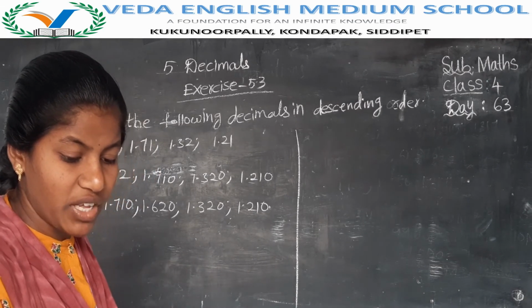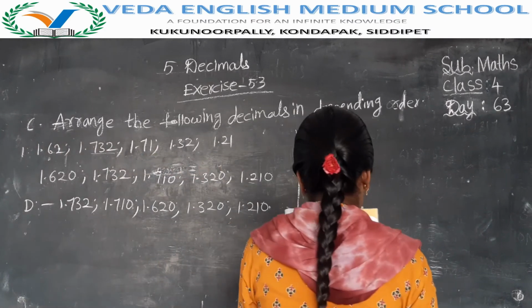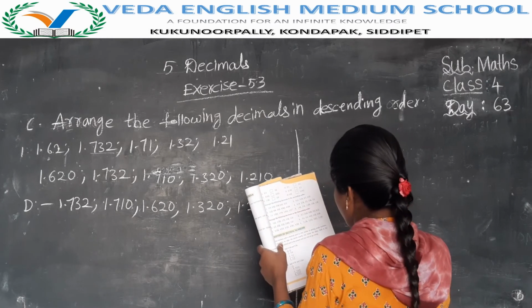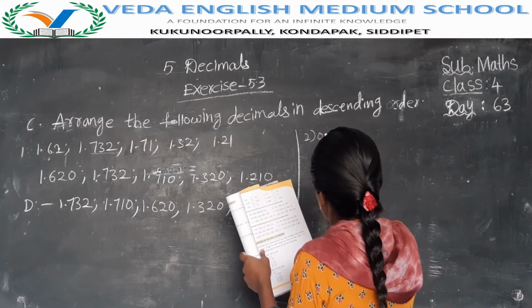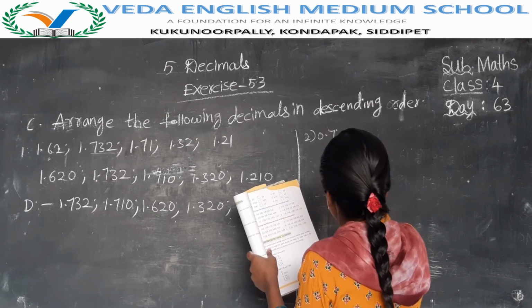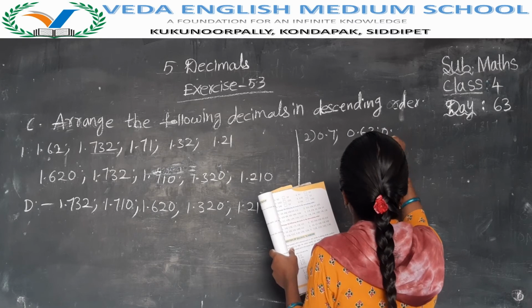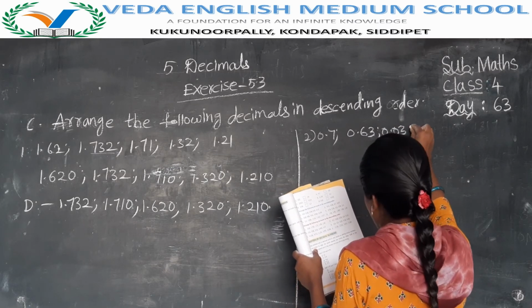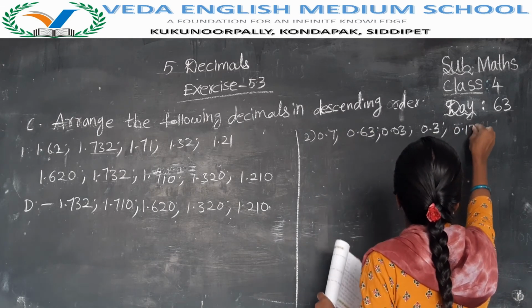Next question, which one I have to explain? I will explain the second one and you have to write the remaining. Second problem is 0.7, 0.63, 0.03, 0.3, 0.13.